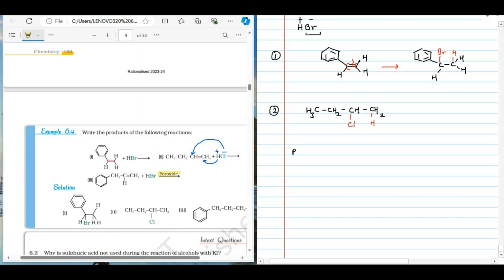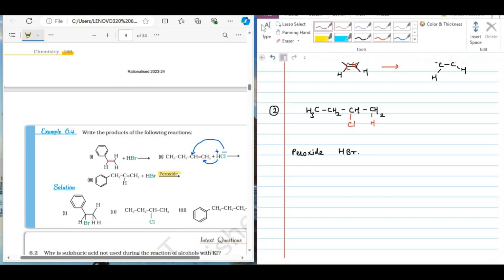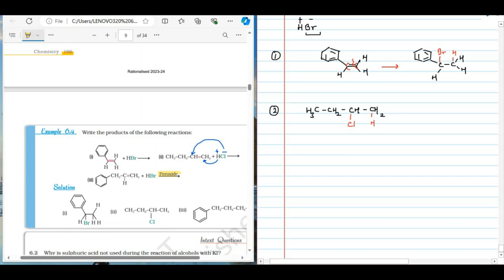But in presence of peroxide, when the addition of HBr takes place in presence of peroxide, this is the special case. You have to follow anti-Markovnikov rule.